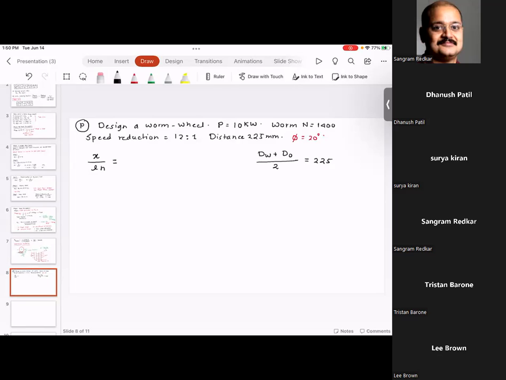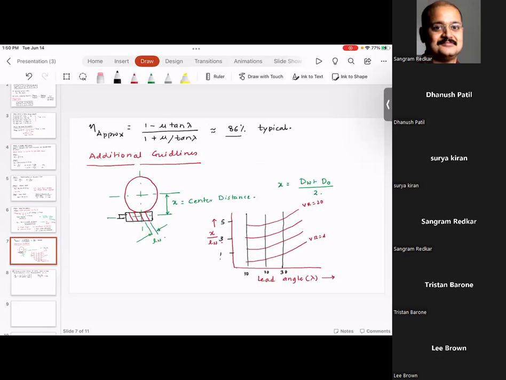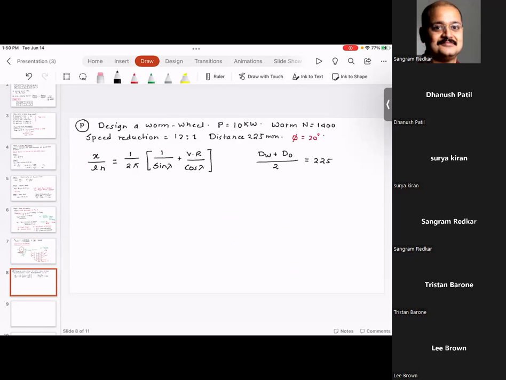This equation comes from the formula 1 divided by 2 pi, 1 divided by sine lambda plus velocity ratio divided by cosine lambda. So the chart that you see here, the equation for this chart is shown over here.